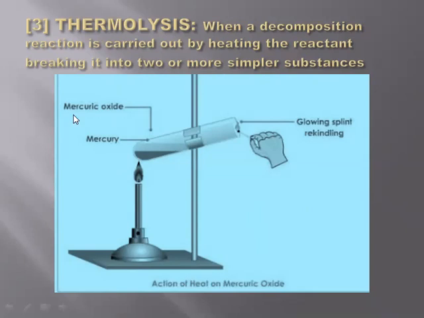The grayish color of mercuric oxide turns white on heating as it changes to mercury, along with the release of oxygen gas. When we bring a burning matchstick close to the mouth of the test tube, we observe that the splinter rekindles.